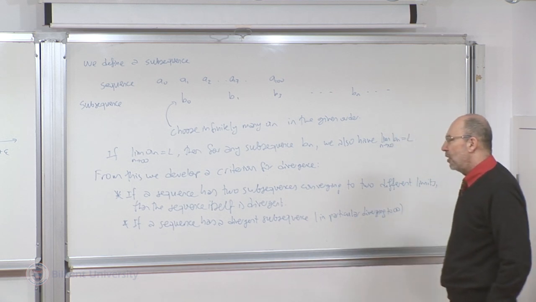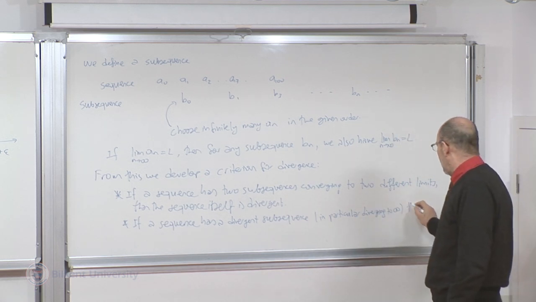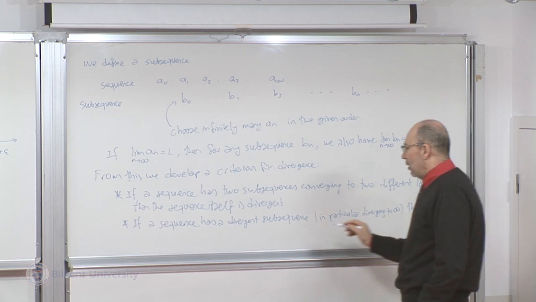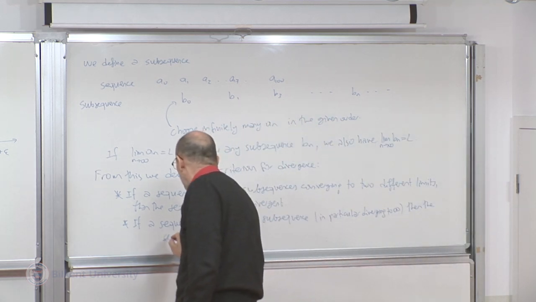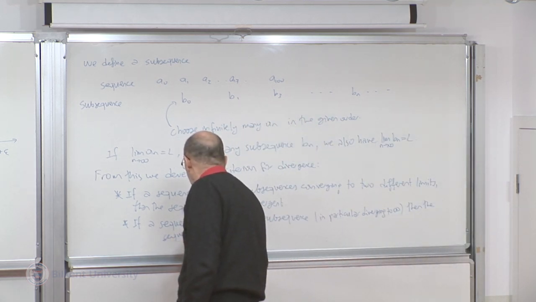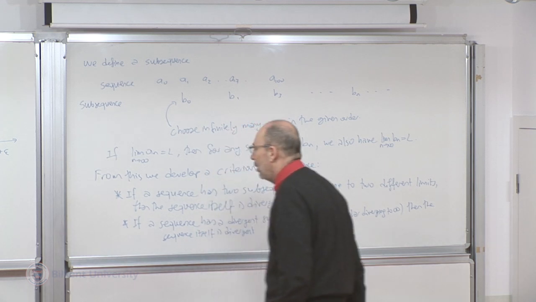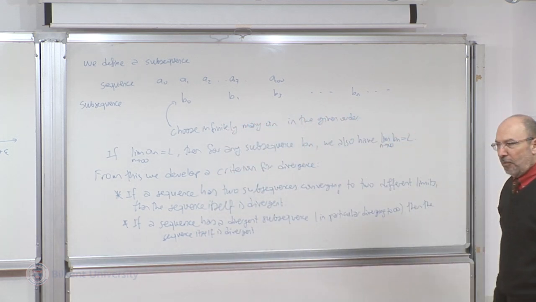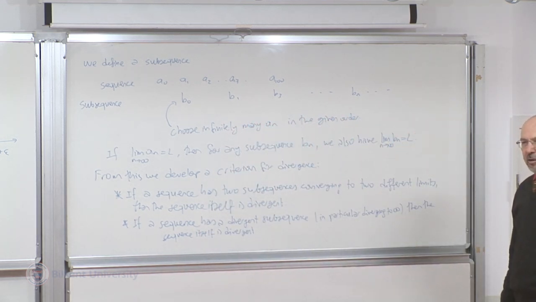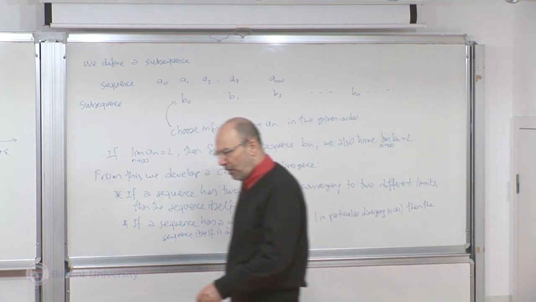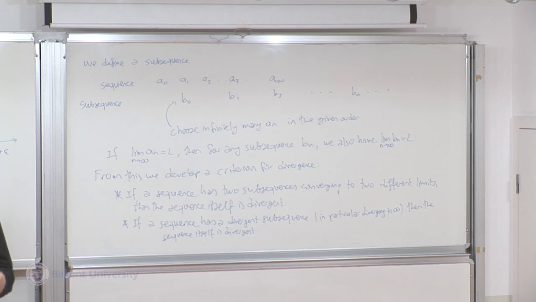So this is, in general, what we notice. Then the sequence itself is divergent. So this is one of the easy ways to detect a sequence is divergent. I think I'll give an example after this.